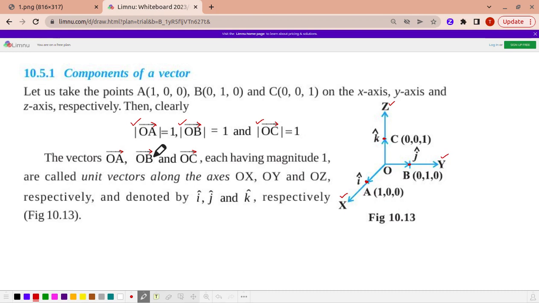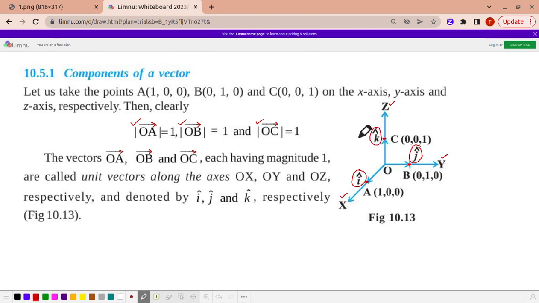So what we can say, the vector OA is nothing but I cap. The vector OB is nothing but J cap, and vector OC is nothing but K cap.